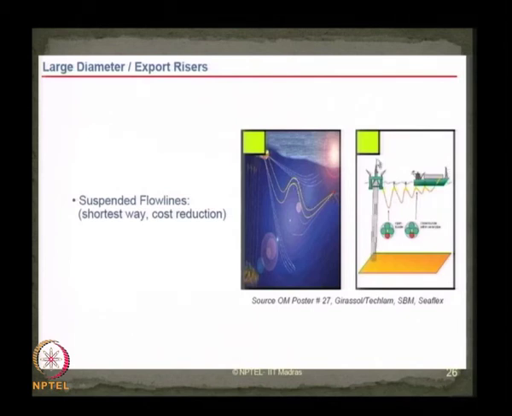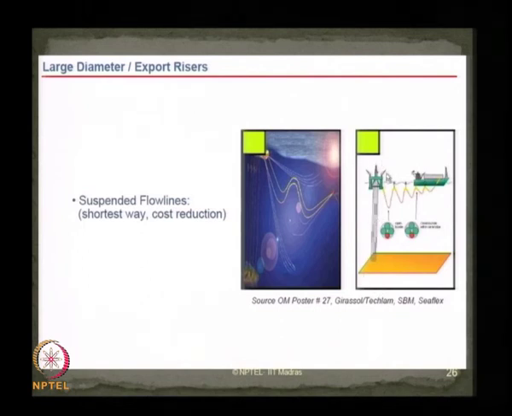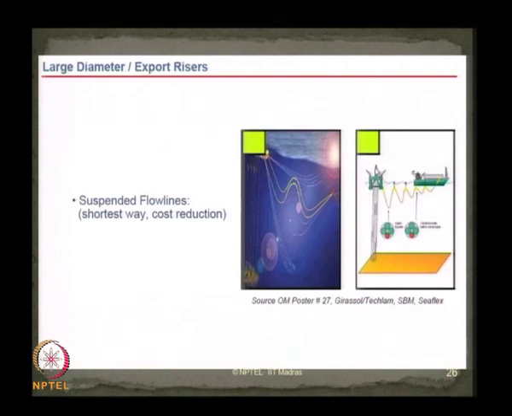For example, I have a TLP which is having a production riser. I want to transport the crude oil accumulated in this production platform to my barge or my drill ship or my storage facility, where I use this kind of export riser, where essentially these risers are suspended flow lines, as you see in this photograph here.